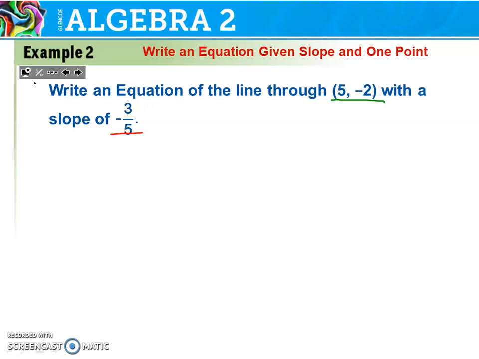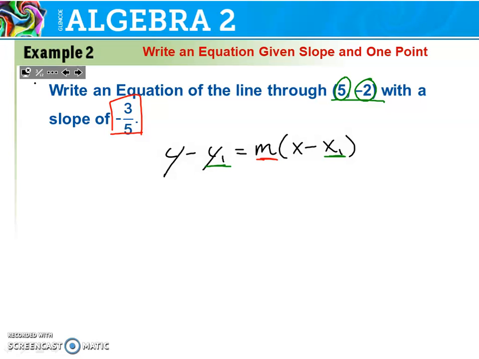So recall your point slope formula, y minus y1 equals m times x minus x sub 1. For x sub 1, I'm going to be looking at the x coordinate of my point. For y sub 1, I'll be looking at the y coordinate of my point. And then my slope, which is this guy right here, we're going to be plugging in for our m.